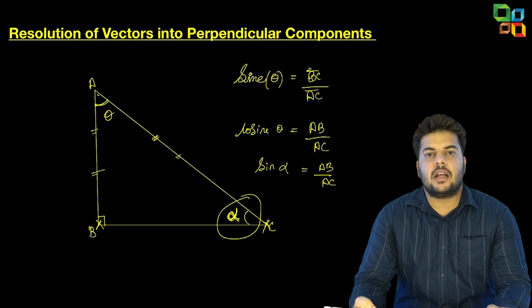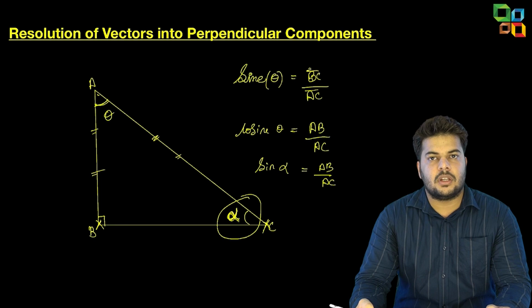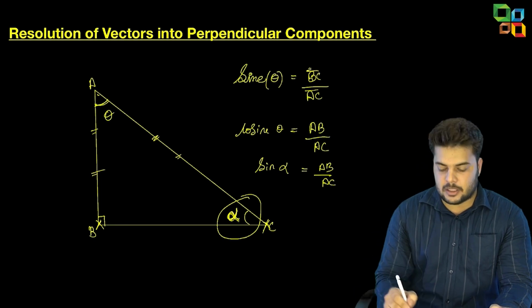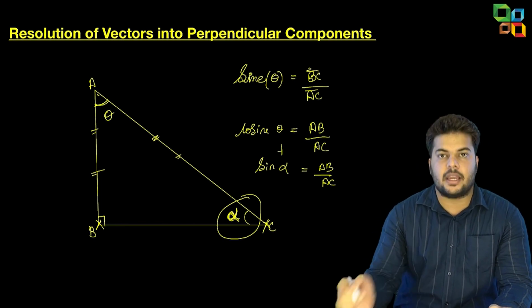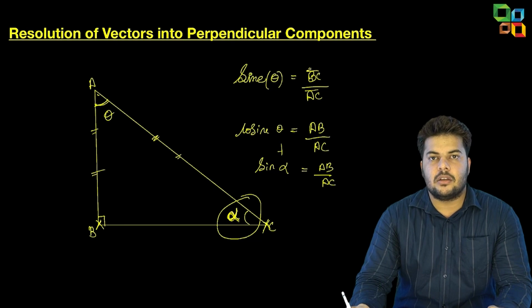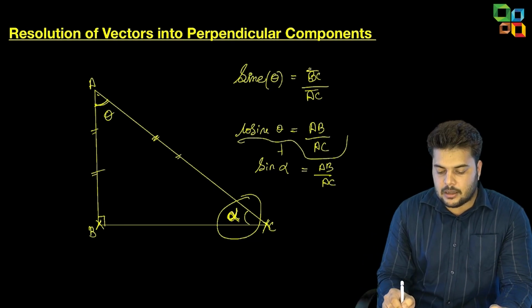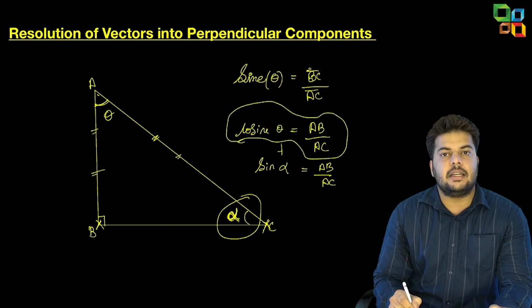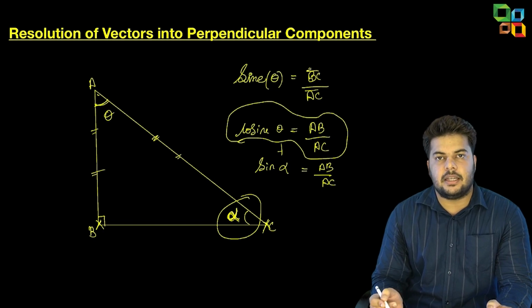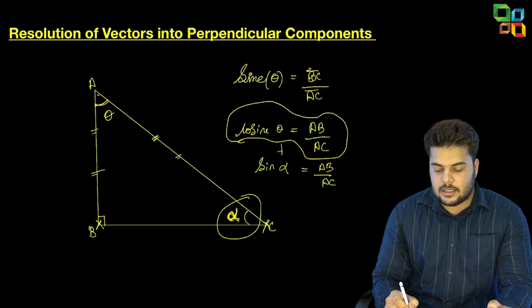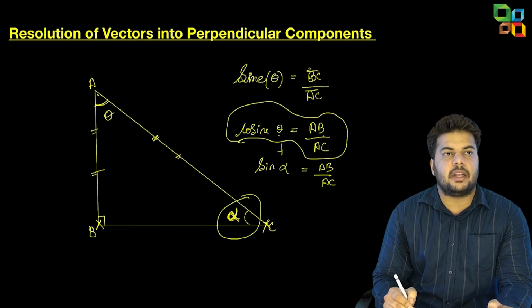But what are theta and alpha? Theta and alpha are complementary angles, because if I add theta and alpha, I get 90 degrees. So this is called cosine theta, complementary sine theta, because this is actually the sine of the complementary angle.